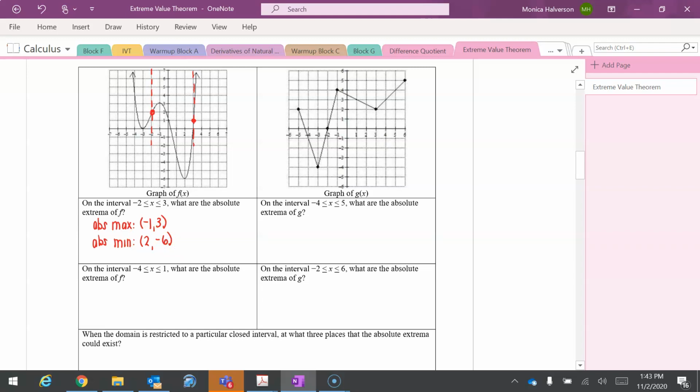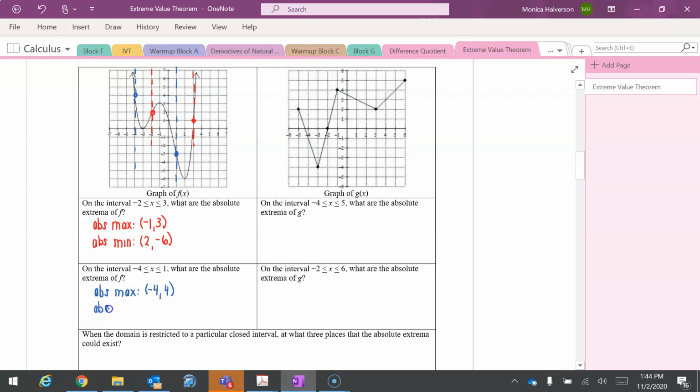Now, let's expand our interval from -4 to 1. All right, so here we have -4 to 1. Okay, so what is our absolute max? Well, here we have endpoints, and the endpoint is actually our absolute max at (-4, 4).